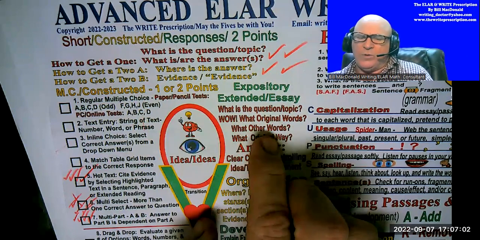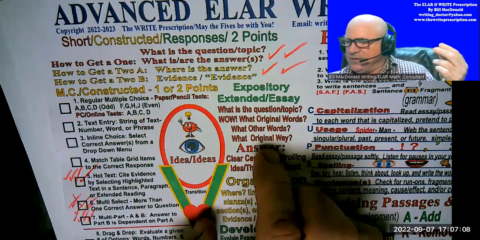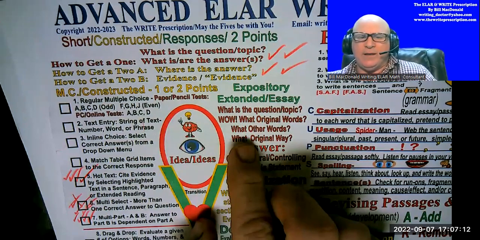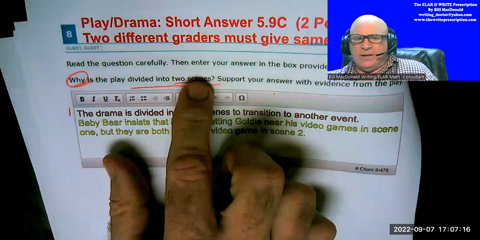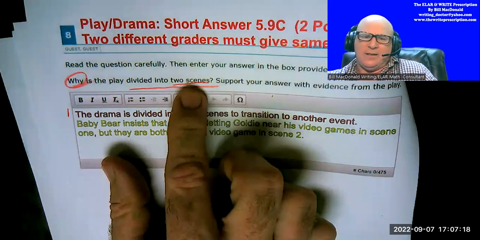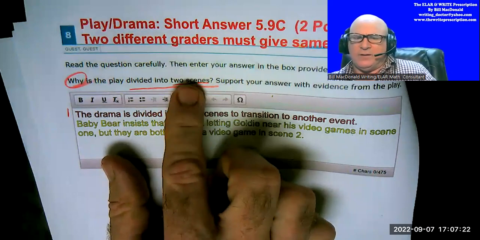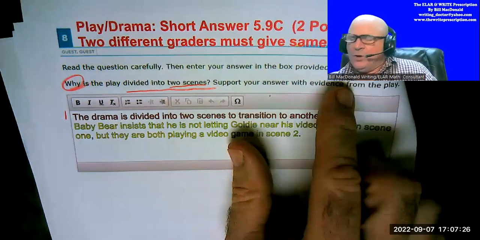What original way could I answer so that I am answering the question, but maybe in a way that not everybody would think of? Because there are probably several answers, something that happens in the first scene that's completely different than something that happens in the second scene.